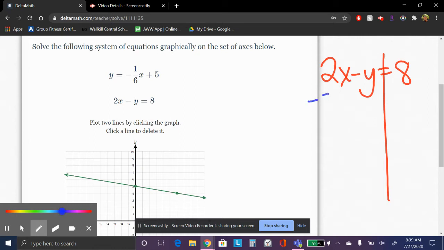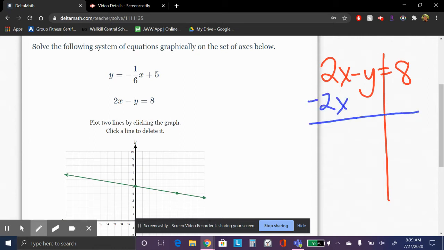I'm going to subtract 2x from both sides. And then we get, careful, you have to bring down the negative y. So I'm going to bring down the -1y, because I'm going to say this is -1. And you get -2x plus 8.